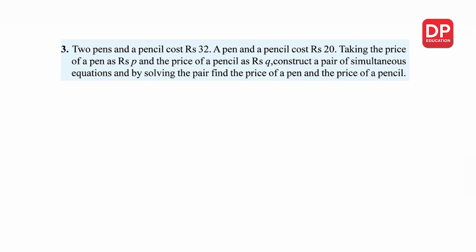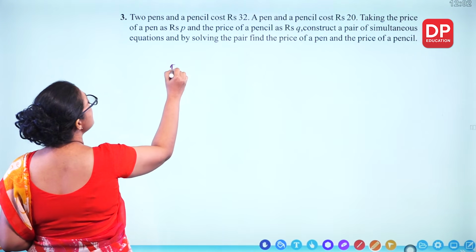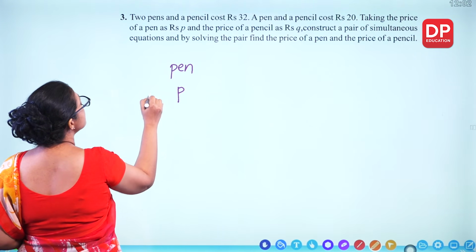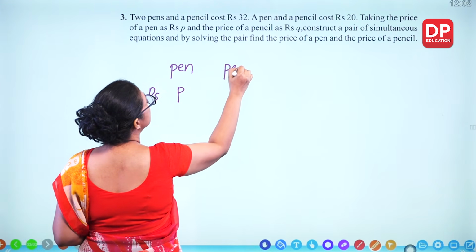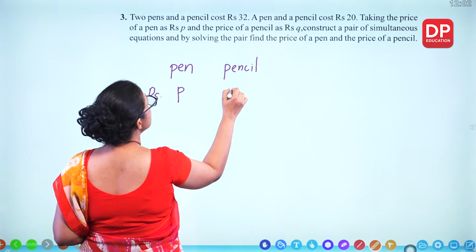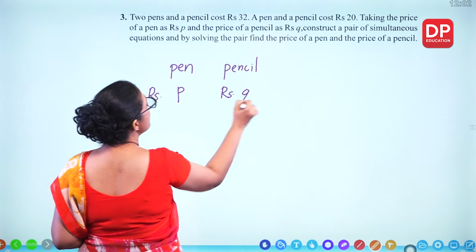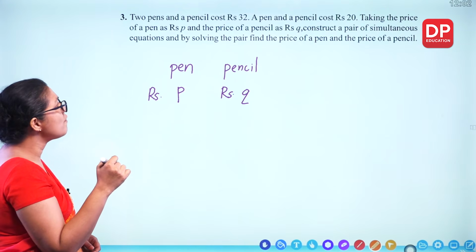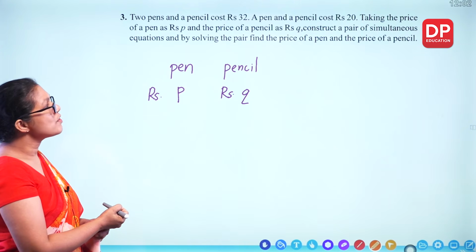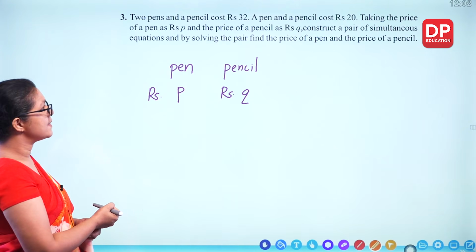Another question. 2 pens and a pencil cost 32 rupees. A pen and a pencil cost 20 rupees. Taking the price of a pen as P, and the pencil as Q rupees, construct a pair of simultaneous equations and by solving the pair, find the price of a pen and the price of a pencil.